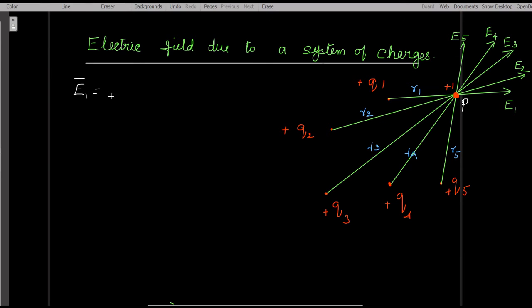So we represent vector E1 as 1 by 4 pi epsilon naught, since the medium is free space, into the force due to Q1, that is the field at P, E1. So E1 is equal to K q1 into plus 1 divided by the distance r1 square, and it is in this direction towards r1.